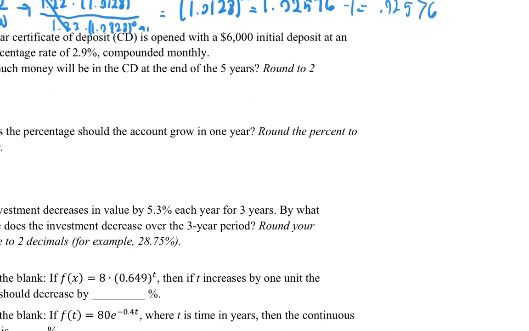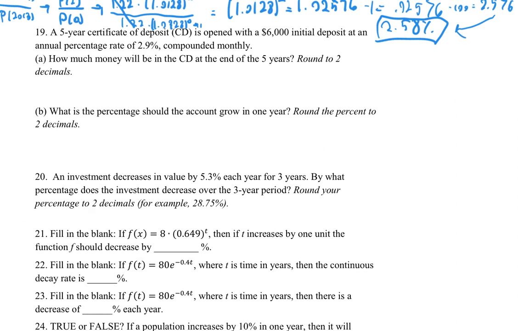You multiply that times 100, you get 2.576, which when you round is 2.58%. So we've increased by 2.58%.